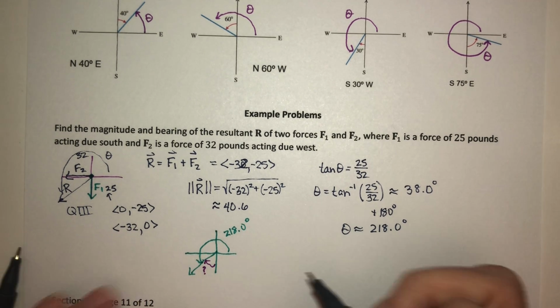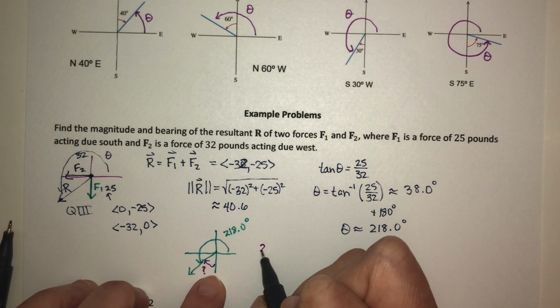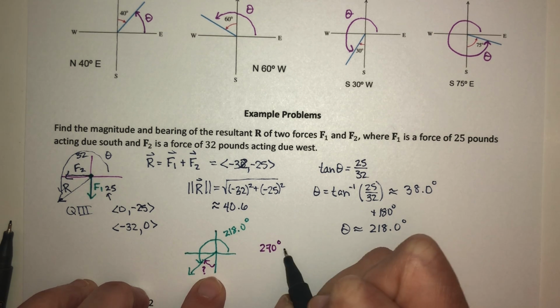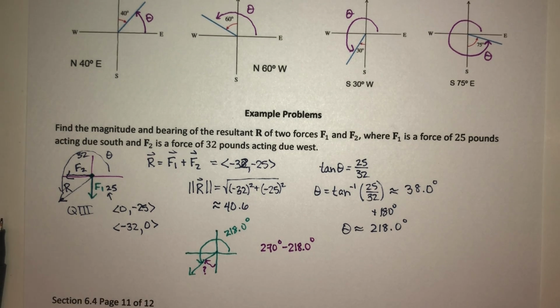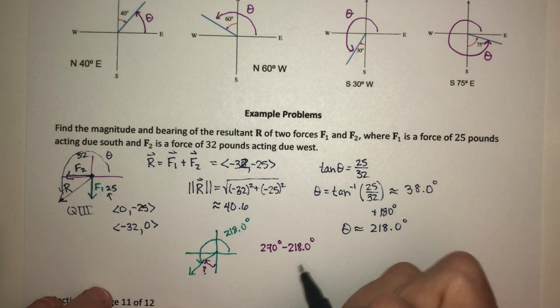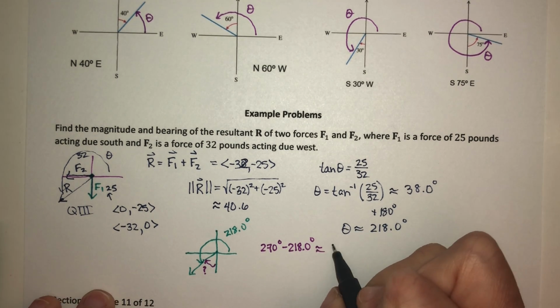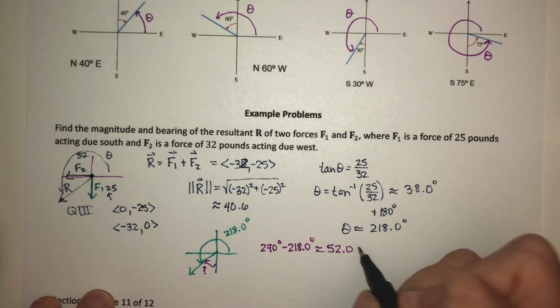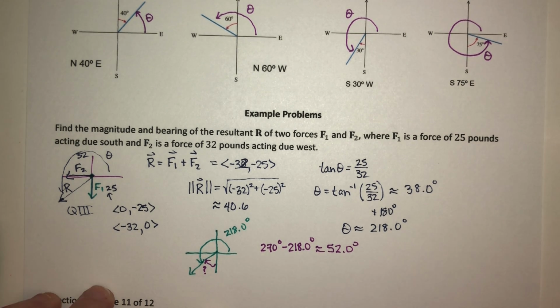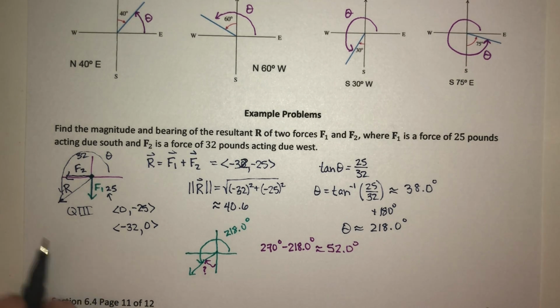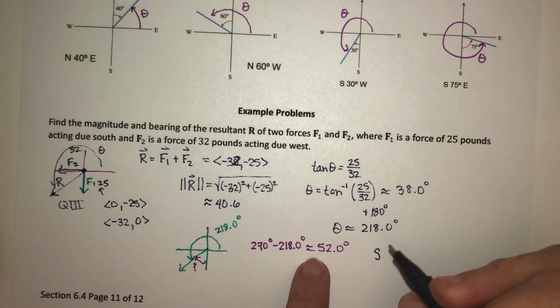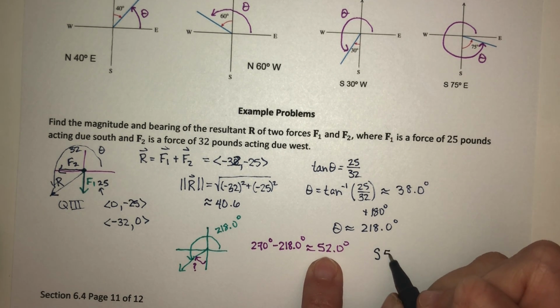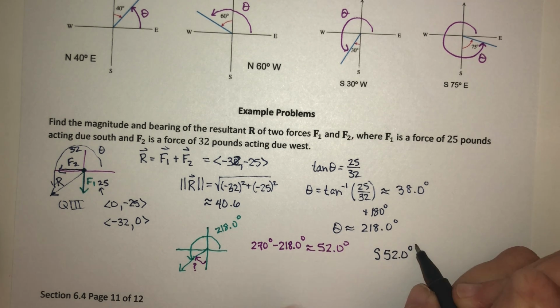Well, this will be 270 degrees minus 218.0 degrees, which is approximately 52 degrees. We're asked to round to the nearest tenth, and so this is exact. That's why there's a plus 0 here. Okay, so my answer for the bearing will be south 52.0 degrees west.